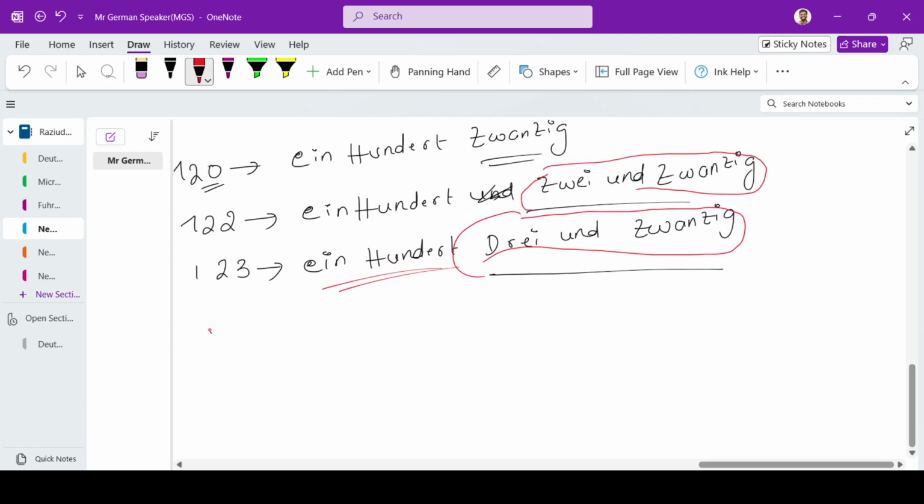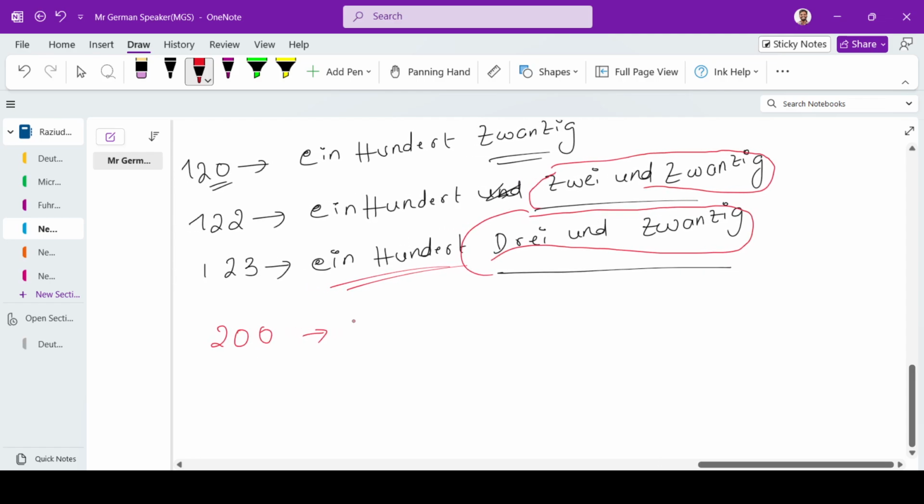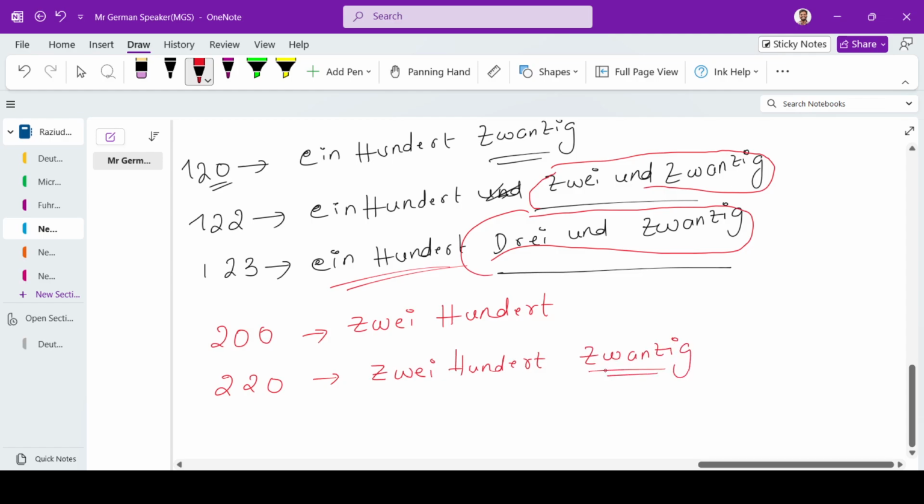So how do you say 200, for example? It will be zweihundert. And if I have to say 220, this will be zweihundertzwanzig, because 20 is 20, so 220.